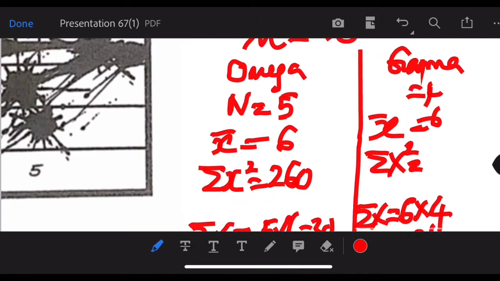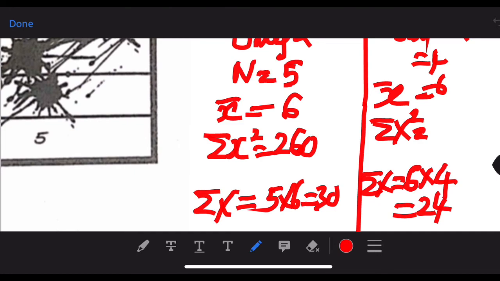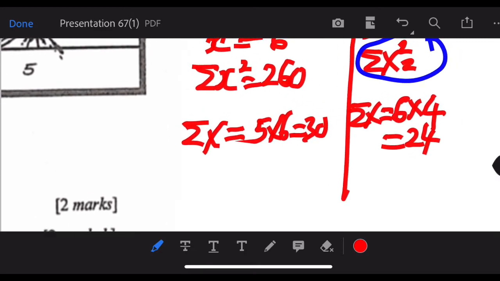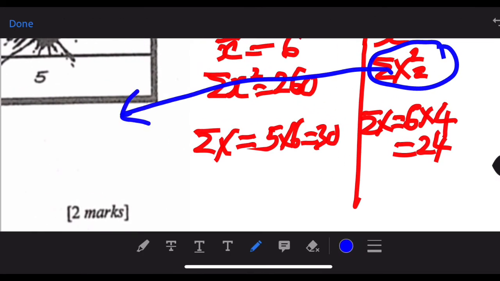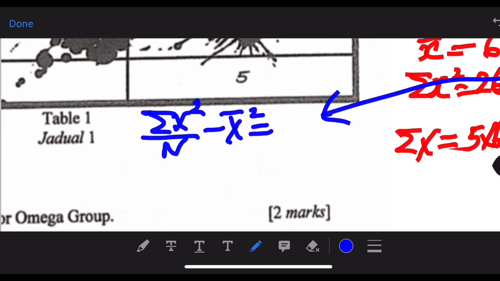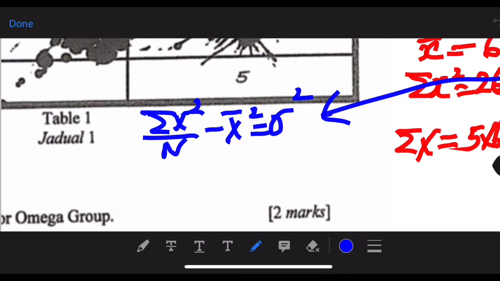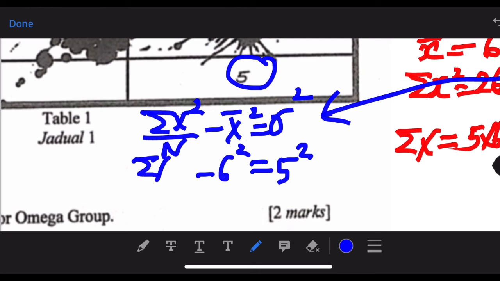So we have almost all the information except the sum of data square, so we need to find this one first. Let's work it out: sum of data square over n minus mean square equals variance. We have the variance 5, so this is 5 square. We have the same mean, and n is 4.